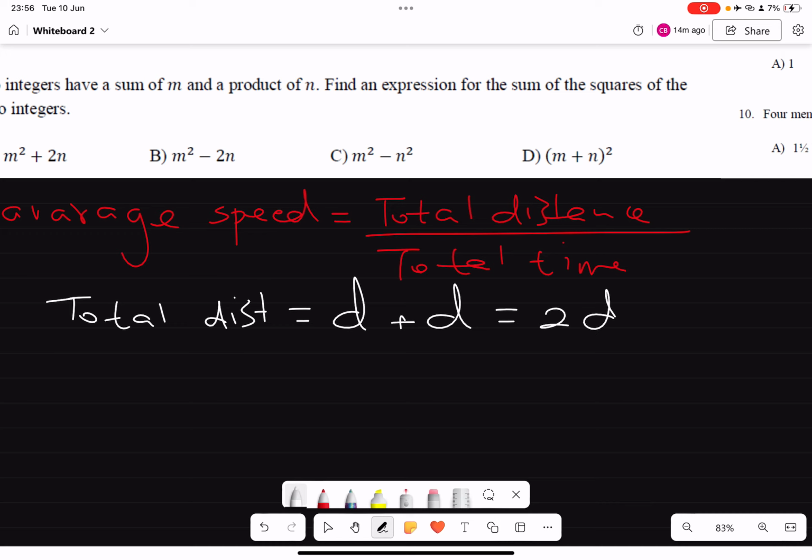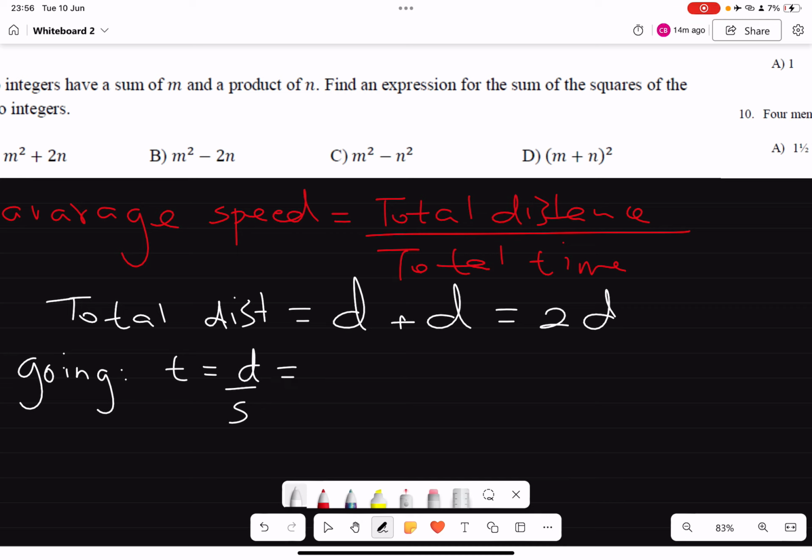All right. And now we need to find the total time for each trip. So going to work, the time is going to be, remember, time is distance over speed.